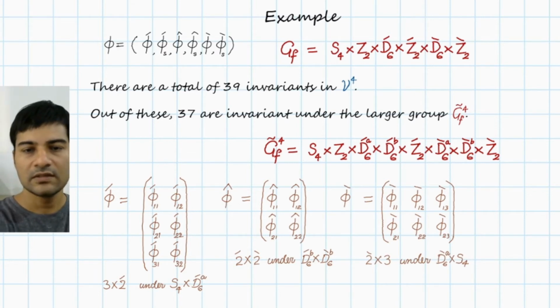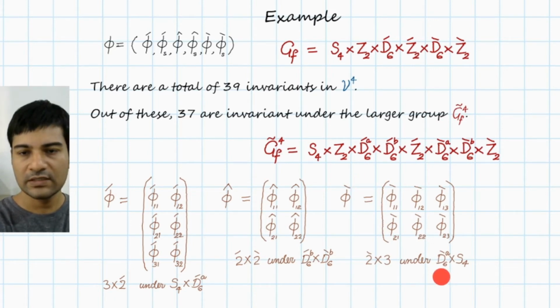Similarly, look at the second index of hat phi. You have grave D6B. And look at the first index of grave phi, that is grave D6A. So here you have grave D6B and here you have grave D6A. So two different D6 groups.